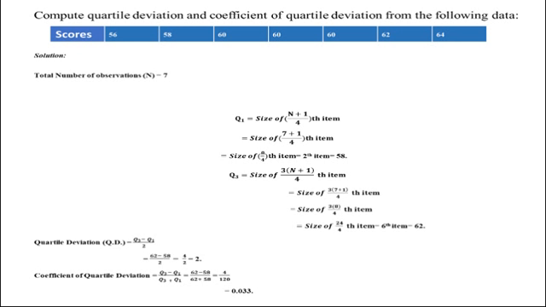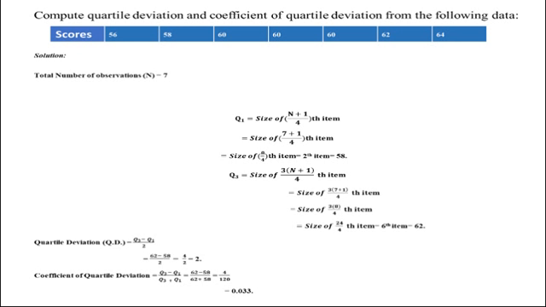Lower quartile is equal to the size of the (n plus 1) upon 4th item. We have the total number of observations as 7, that is, n is equal to 7.